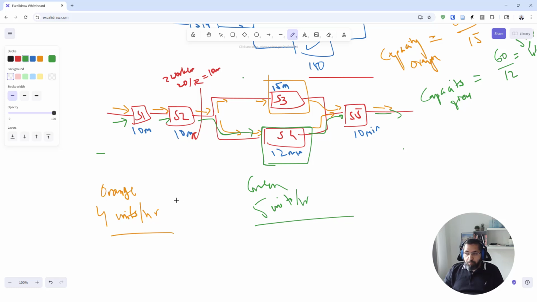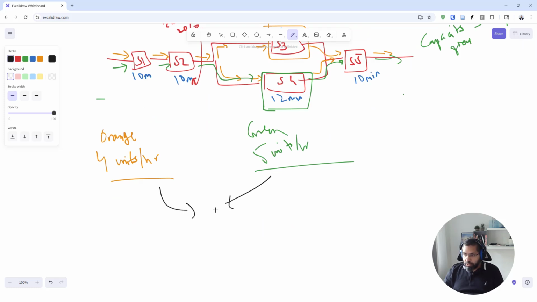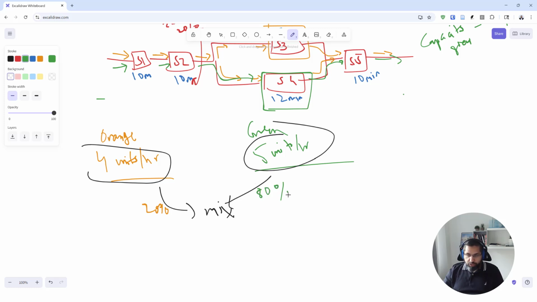But what if we get a mix of applications? Then our effective capacity on average will be a weighted average of these two numbers. And we know that 20% of the applications need a credit check and 80% don't. That's given in the question.